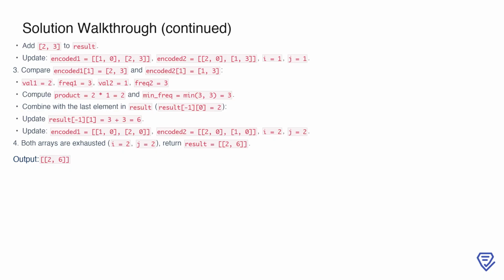Instead of adding another separate run length pair, we notice that the product matches the previous result, result[-1][0] = 2. Thus, we combine them by increasing the frequency of the last pair in the result, updating result[-1][1] = 3 + 3 = 6. Finally, both arrays are exhausted, and we return the result, [[2, 6]]. This demonstrates how consecutive results with the same product can be combined to optimize the output.